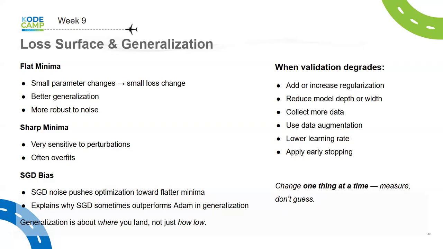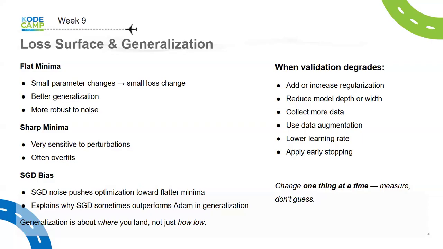Because Adam tends to push your model towards sharper parts of the loss landscape, right? So generalization is really about where you land, not just how low. There can be local minima that are very sharp, and that's where Adam tends to go. Small changes, small perturbations, a few outliers, and so on, and it will not be able to generalize well.